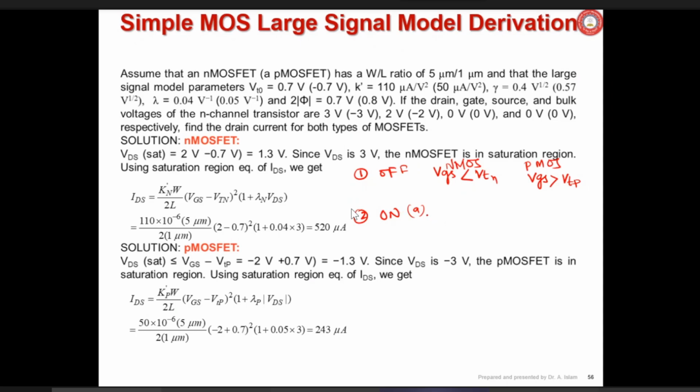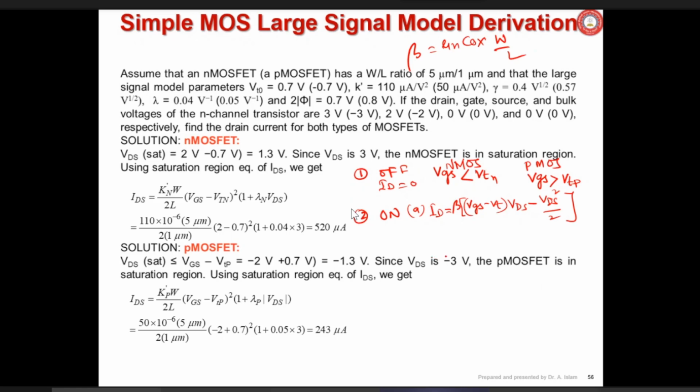In the off case, ID equals 0 because no inversion layer is formed. In the linear region, ID equals beta into (VGS minus VT) into VDS minus VDS square by 2. Beta stands for mu n Cox W by L.